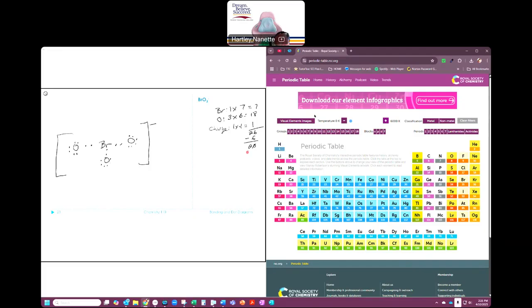So that gives me 18 in total that I have distributed, leaves me with 2 left over. And those 2 go on my central atom. So that is the structure that I come up with there.